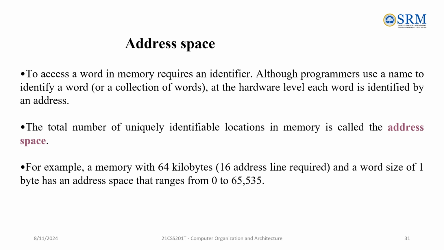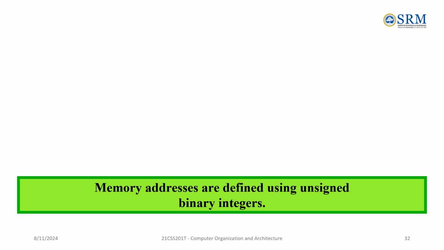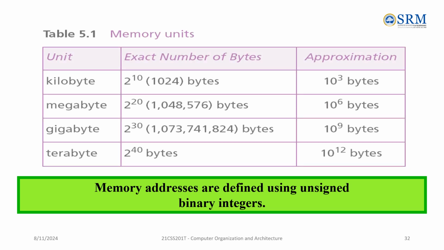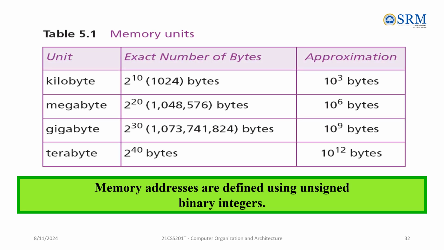For example, a memory of 64 KB and a word size of 1 byte has an address space that ranges from 0 to 65,535. So memory addresses are defined using unsigned binary integers. A kilobyte is 2 to the power 10, a megabyte is 2 to the power 20, a gigabyte is 2 to the power 30, and a terabyte is 2 to the power 40.